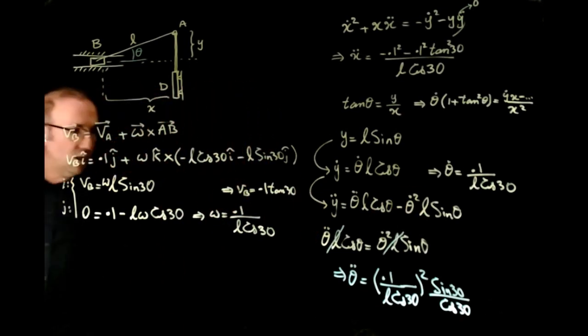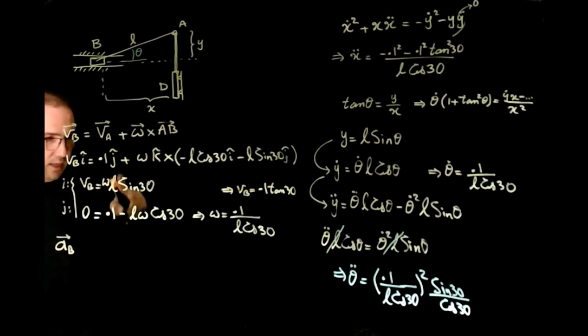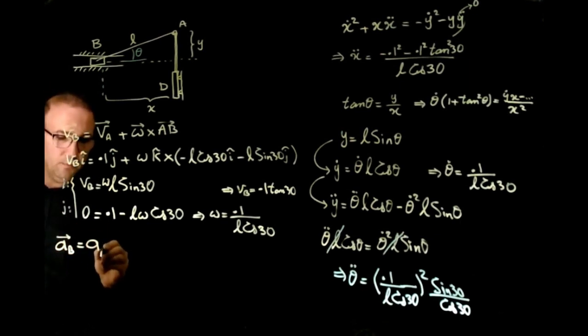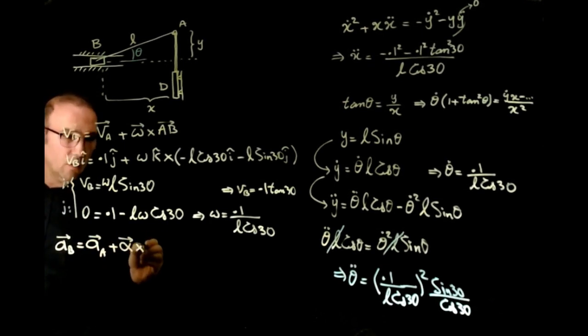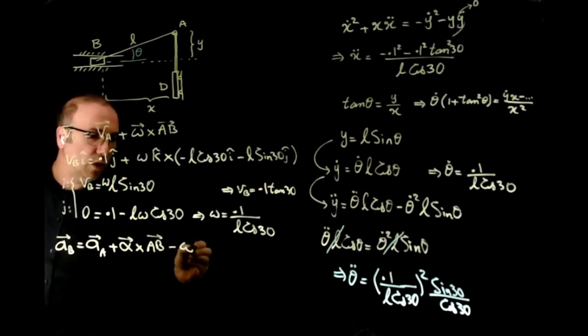So for the acceleration, and by the way, we would have one equation. I mean, with one set of equations, we solve both of them. Acceleration of B equals to acceleration of A, right? Which is 0 plus alpha cross AB minus omega square AB.